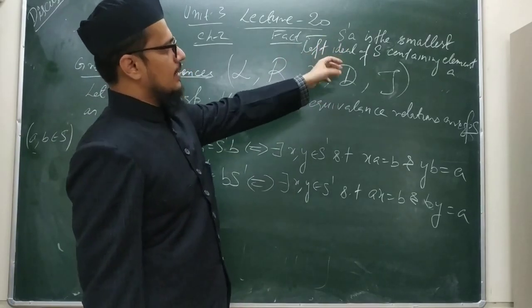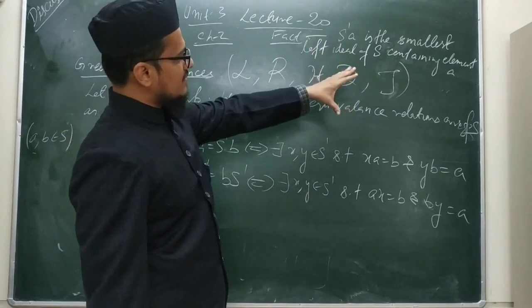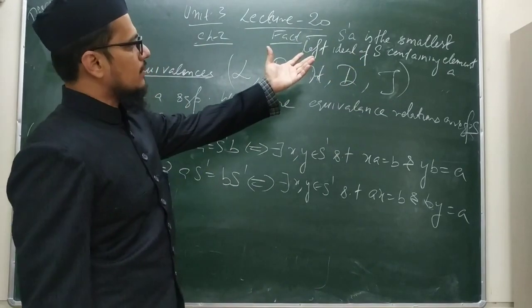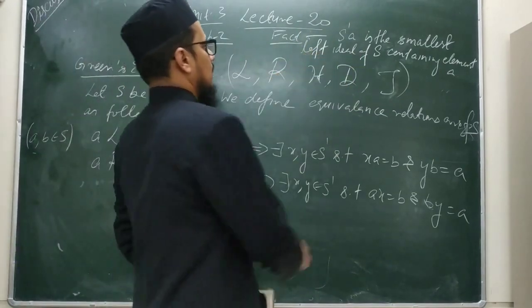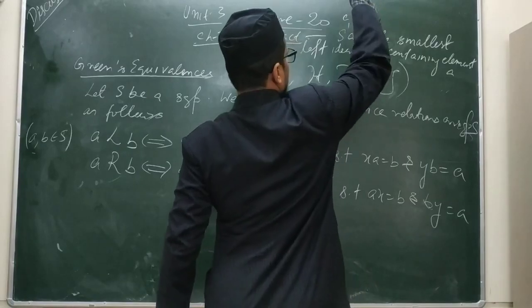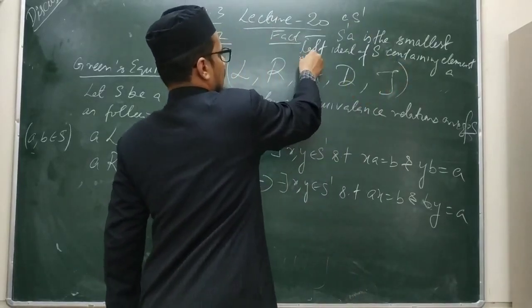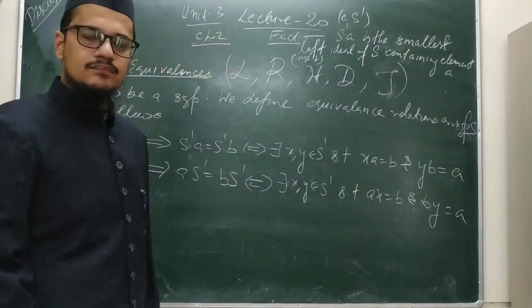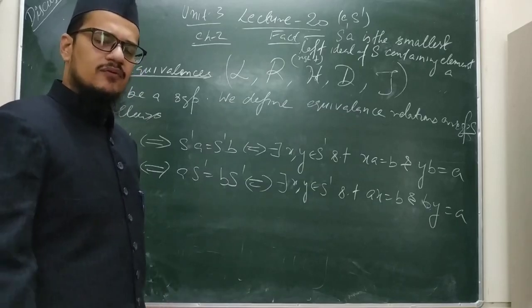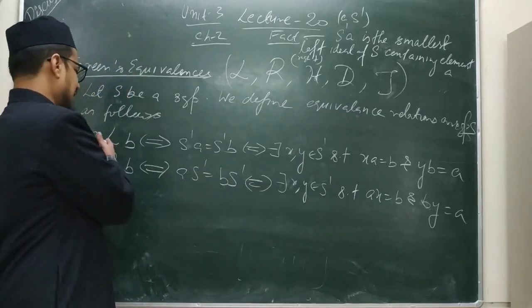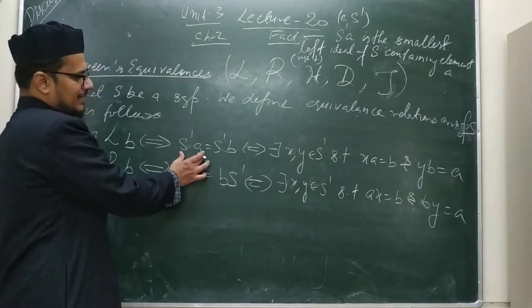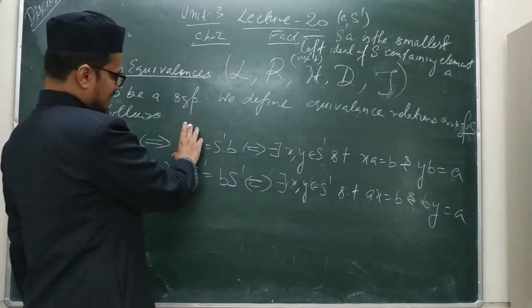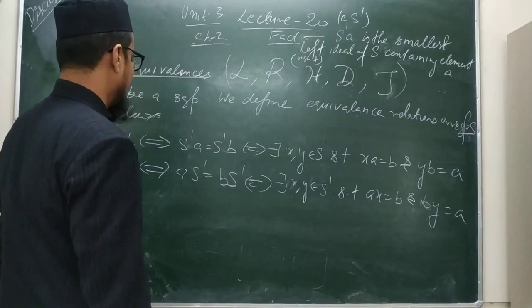It has 3 parts basically: S1a contains a, S1a is a left ideal of S, and it is the smallest left ideal of S, isn't it? In a similar way, the dual part: aS1 is the smallest right ideal of S containing a. So all of you can verify by yourself how it is so. So a and b are related to each other when S1a is equal to S1b, then we say that a and b are related to each other.